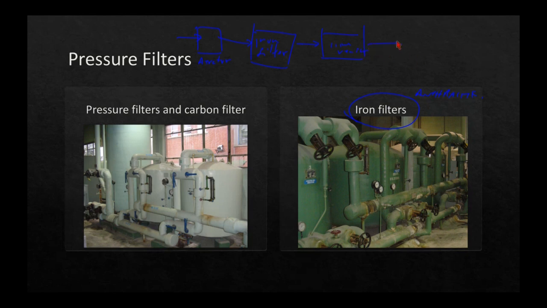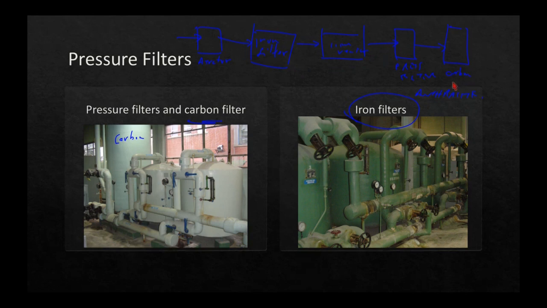And then from the lime reactor, we've got these pressure filters that you see over here. And then the tall one that you see over here is a carbon filter, and it is packed with, I believe, charcoal. So that's this one here, carbon filter.